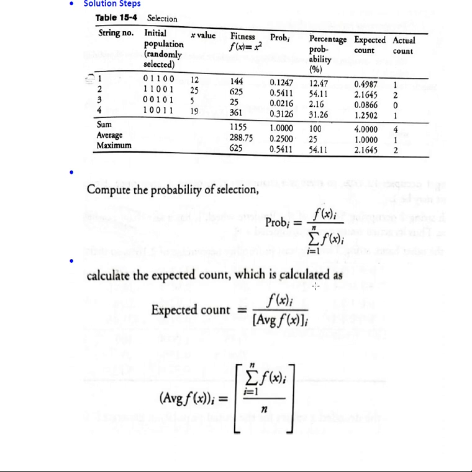Then expected count is whatever f(x) is divided by the average value of this one. That is what we termed the expected count, where the average value is the total f of x divided by the number n, which is equal to 4.